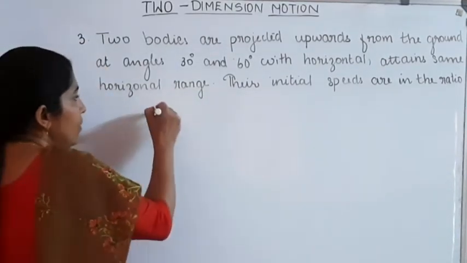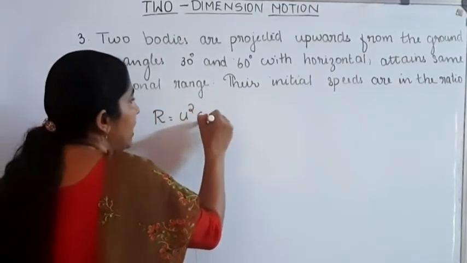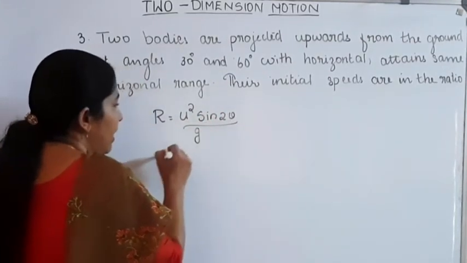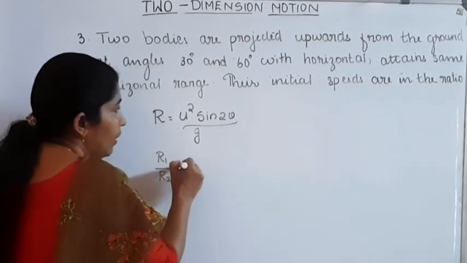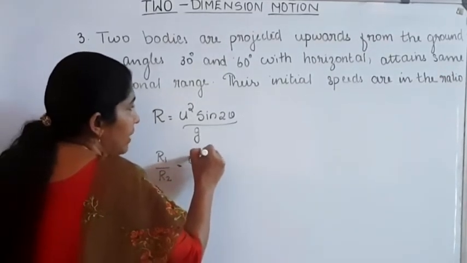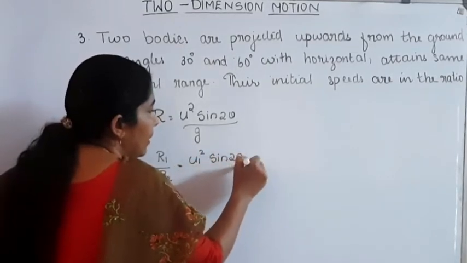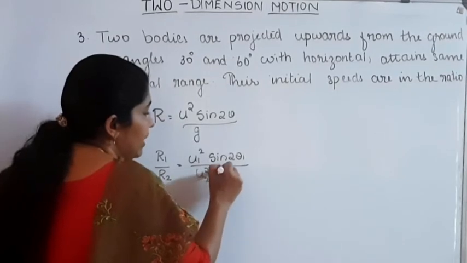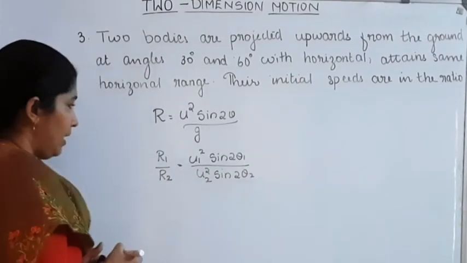Okay. Range R is equal to U square sine 2 theta divided by G. So we can write R1 by R2 is equal to U1 square sine 2 theta 1 divided by U2 square sine 2 theta 2. Okay.